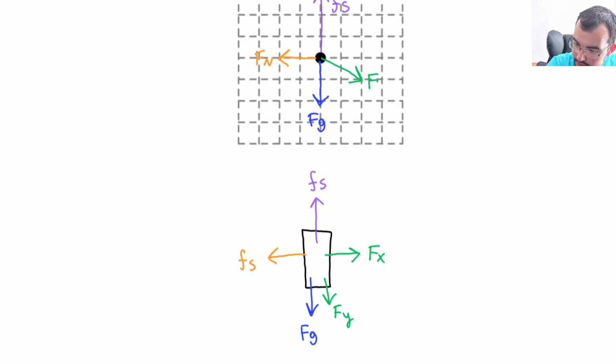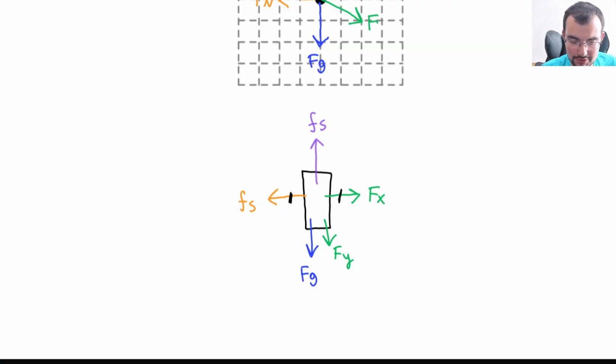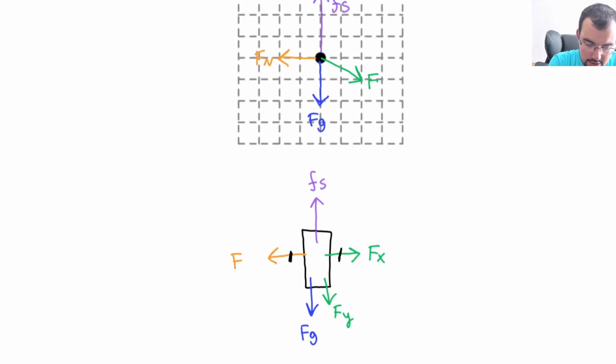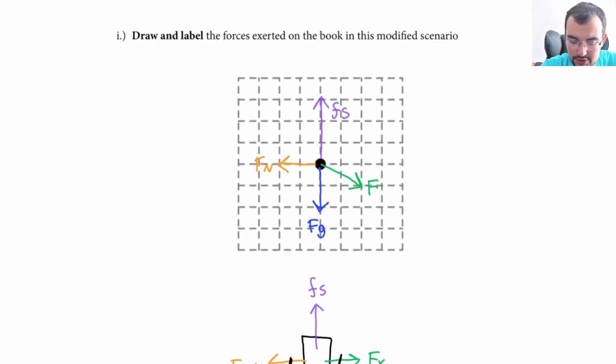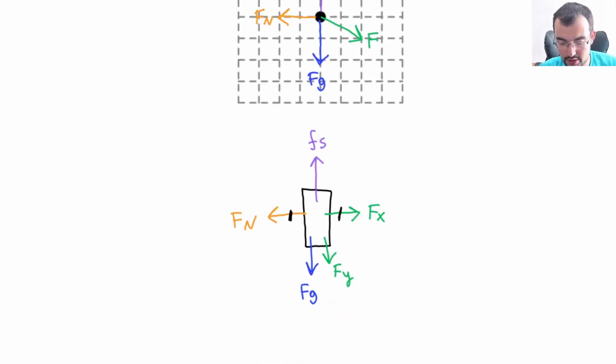So we see that this is an equality we can write. We see that the X push balances static friction. Nope, that's normal force. I mislabeled it. So we see that we have a balance there. And it's going to bother me that this is not lined up. This is normal force. So quite a bit more complicated than just the three forces here.